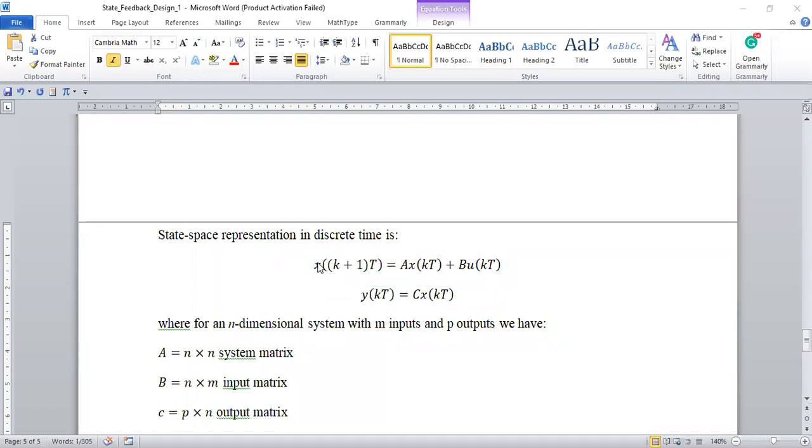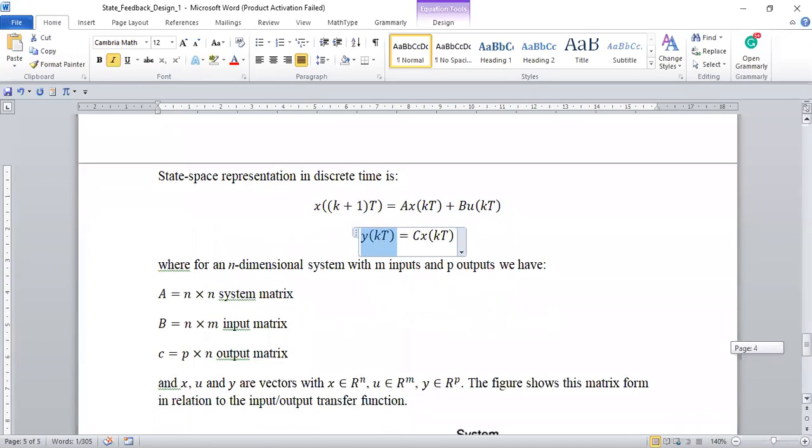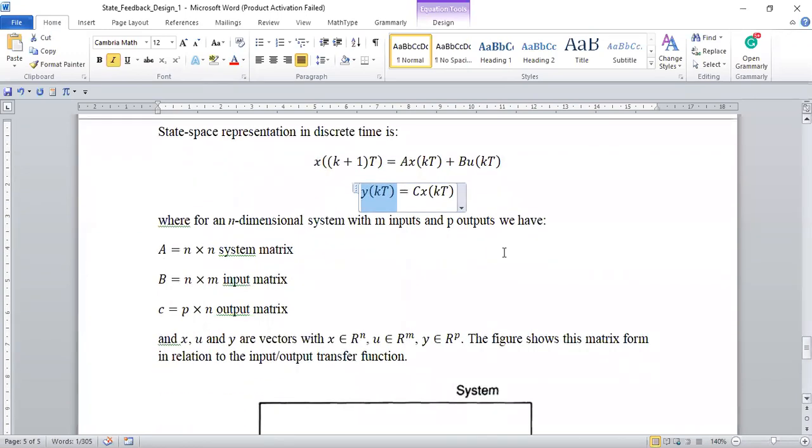So we said that state space representation in the discrete time domain is x of (k plus 1)T is equal to Ax plus Bu, and y is equal to Cx. So it's similar to the continuous time domain. In the continuous time, this is x dot, the derivative of x, equal to Ax plus Bu. Then y is equal to Cx.